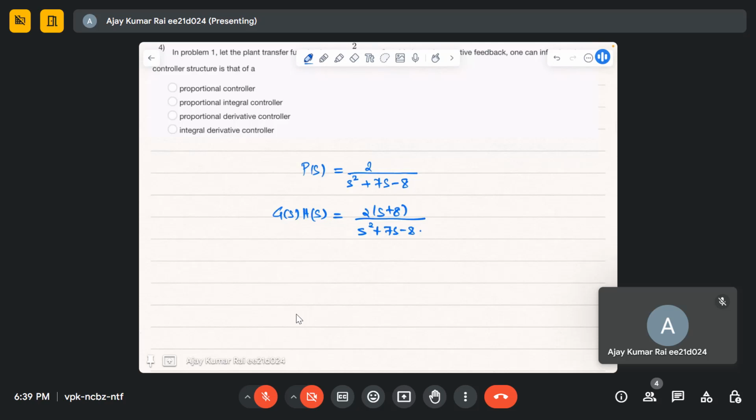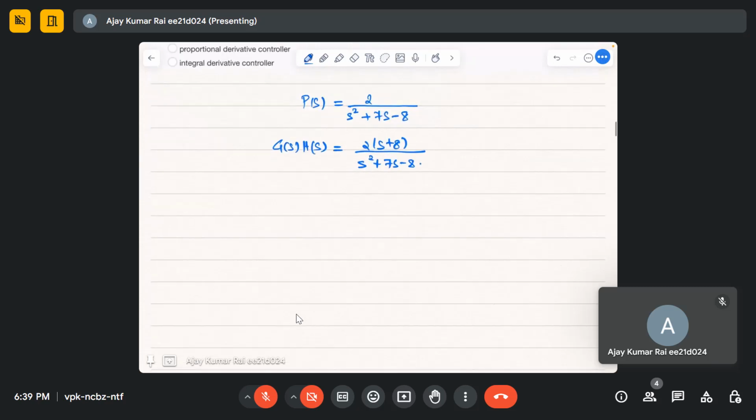So if you remember, let me draw the block diagram. This is the controller block, with negative feedback.